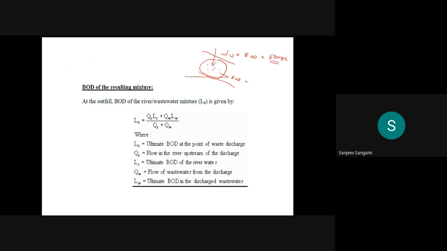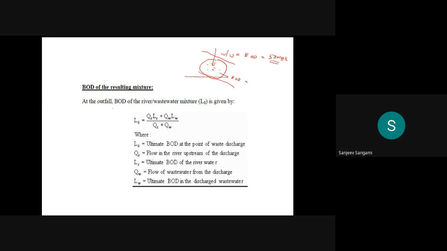If I want to find that out, then we have to use this formula. The BOD of the mixture at this point can be calculated with the help of this. That is L at the outfall. It is not zero, it is the outfall. Outfall means, as I already said, the point where it is going to mix.